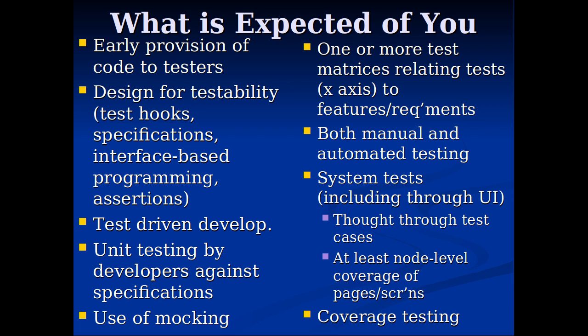But I want to talk about other features that are required in the testing context that are expected of you, because much of these slides are about that. One thing I've spoken about, it's kind of stuck in here at the first one for no privileged reason, is I want to make sure that the testers and the team get code as soon as possible.